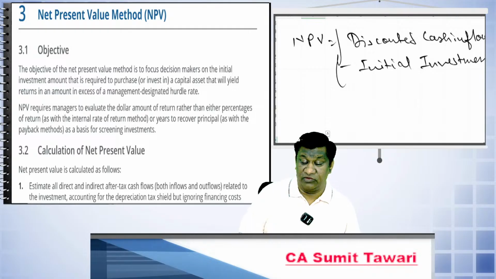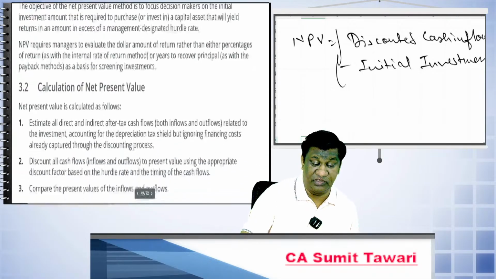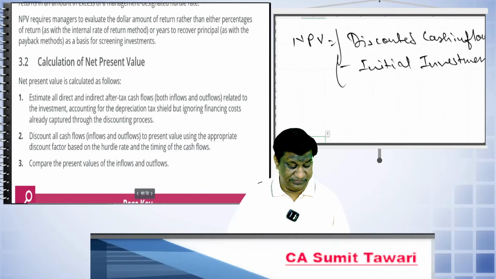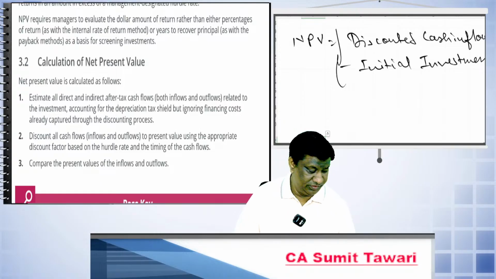I mean, how to calculate the discounted cash flow, how to apply the discounting factor to the cash flow? Okay, hope I'm audible for everyone.